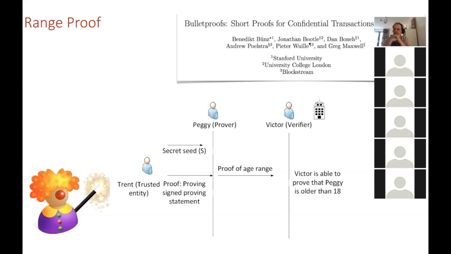So you can take it down into maybe your date of birth within a year, but you've got to have a big enough range that preserves your privacy in some way, but allows you to show that it is within that valid range that you require.